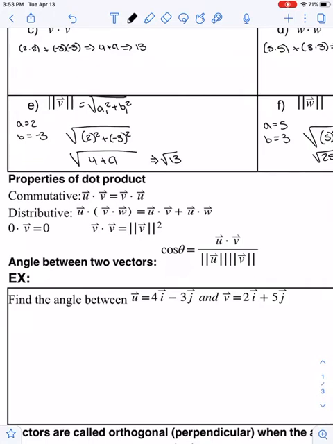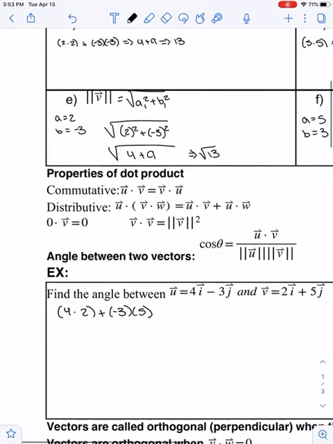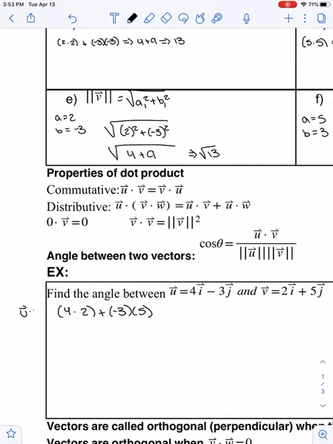So first we have to do the dot product of u times v, because that's the numerator. So u times v. Again, the i's multiply. So 4 times 2 plus negative 3 times 5. And I'm going to label this u times v. So that equals 4 times 2 is 8 plus negative 15, which equals negative 7.